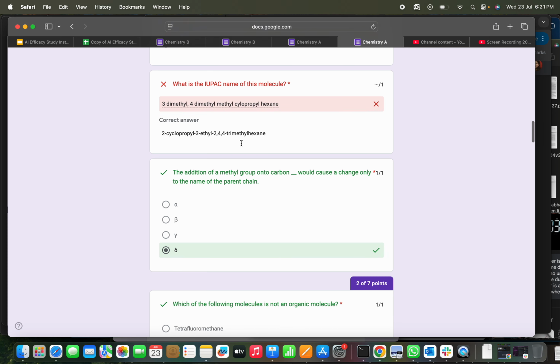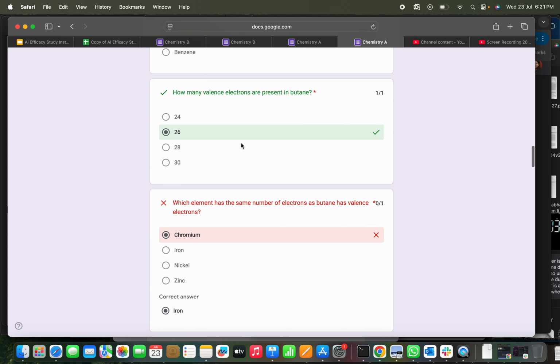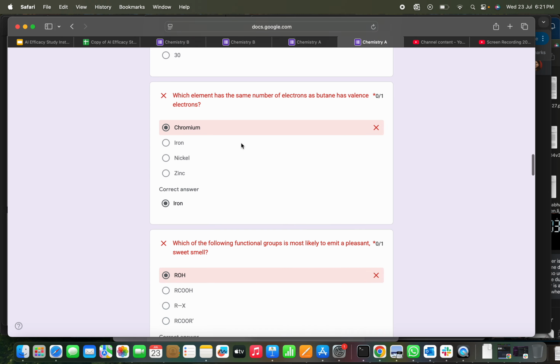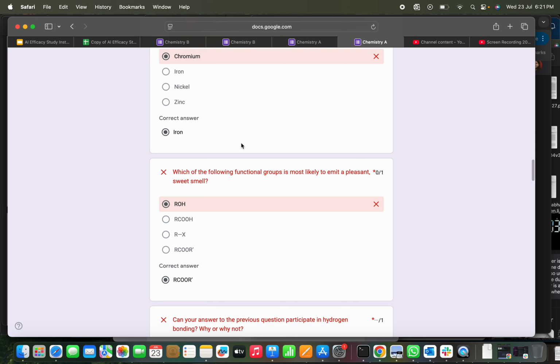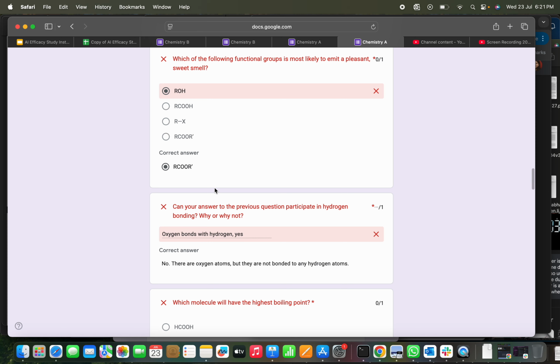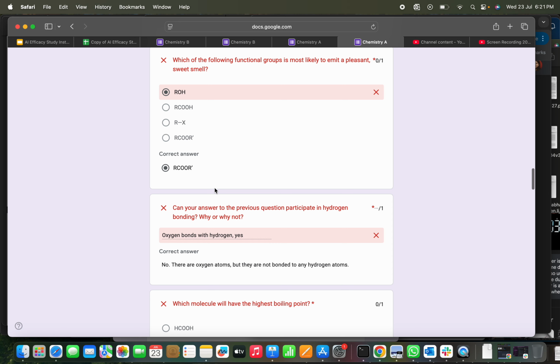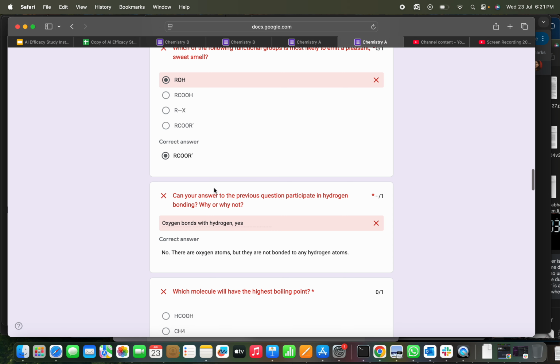The addition of a methyl group. Which element has this? I was correct before. Alright. Okay, I didn't know this. No, there are oxygen atoms, they're not bonded to any hydrogen atoms. Oh, because I understood the molecule wrong.